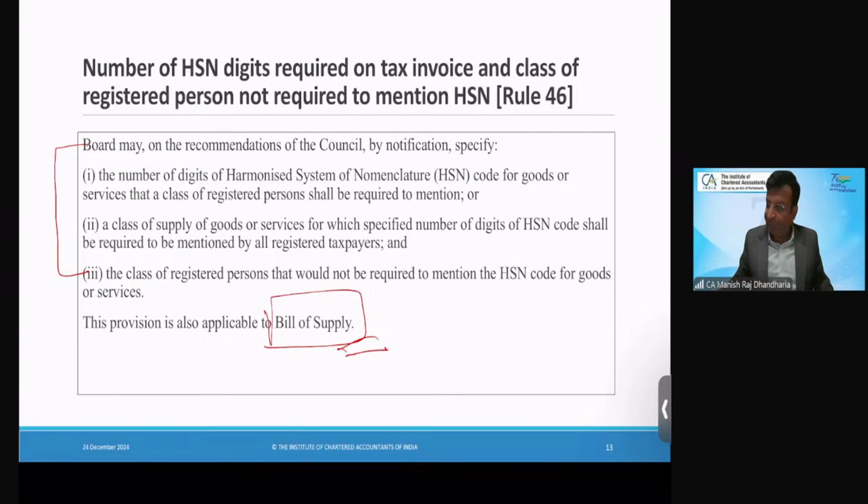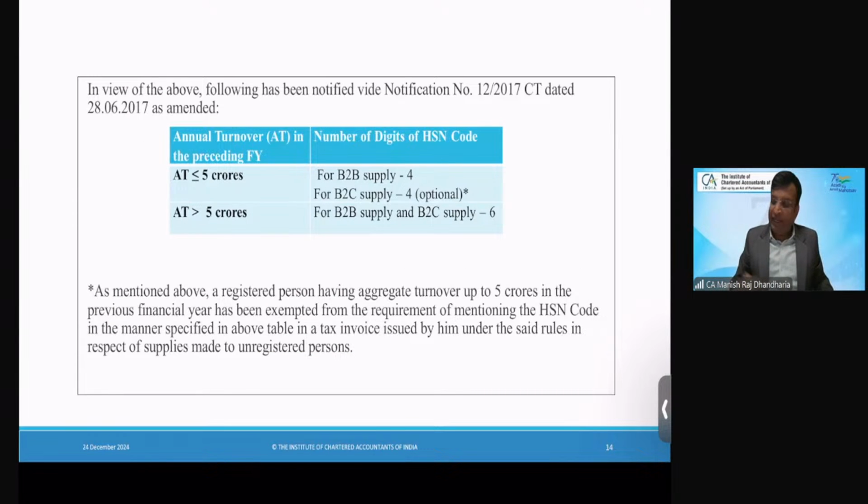This is the notification which is amended from time to time. ये क्या बोलता है? There are two categories. Your turnover is less than or equal to 5 crore, or you can say turnover is up to 5 crores. In that case, B2B. B2B means business to business, matlab registered person to another registered person.